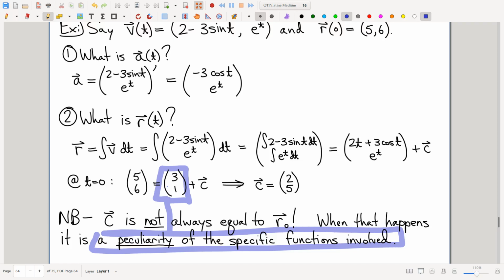And if that's 0, then the initial condition will turn out to be your integration constant. But that's a peculiarity of polynomials. Polynomials are absolutely not the only functions out there, right? It's just not the way the world works. And so as a general rule, this is just not true. Does that make sense to everybody? Everybody happy with that?